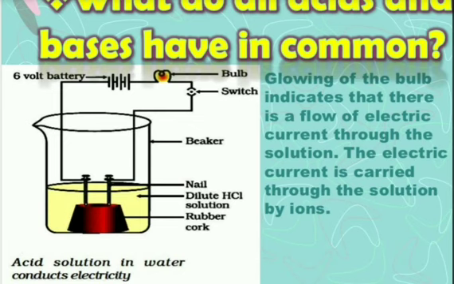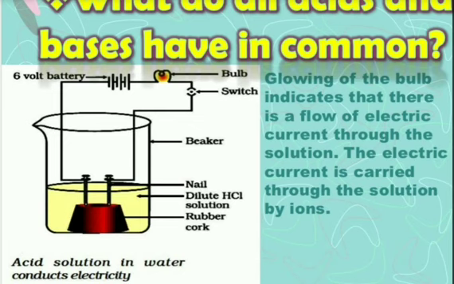The bulb starts glowing when electric current passes through the solution. As we know, we have kept water with HCl, isn't it? So what will happen? The HCl produces H plus ions in the presence of water. This activity shows that the glowing of the bulb indicates a flow of electric current through the solution, and this current is carried through the solution by ions.